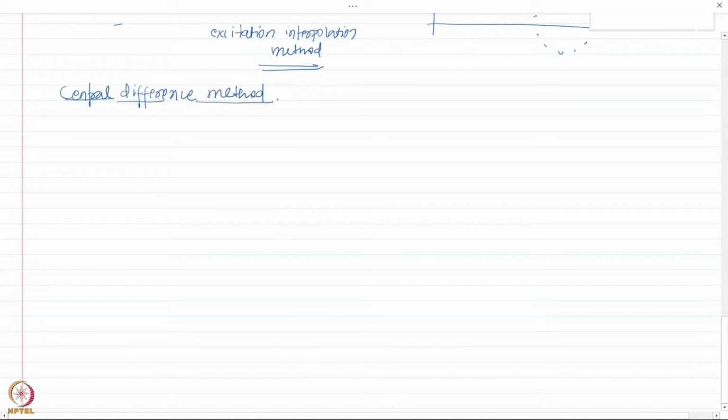The central difference method is based on the finite difference approximation of the time derivatives of the displacement, velocity and acceleration.